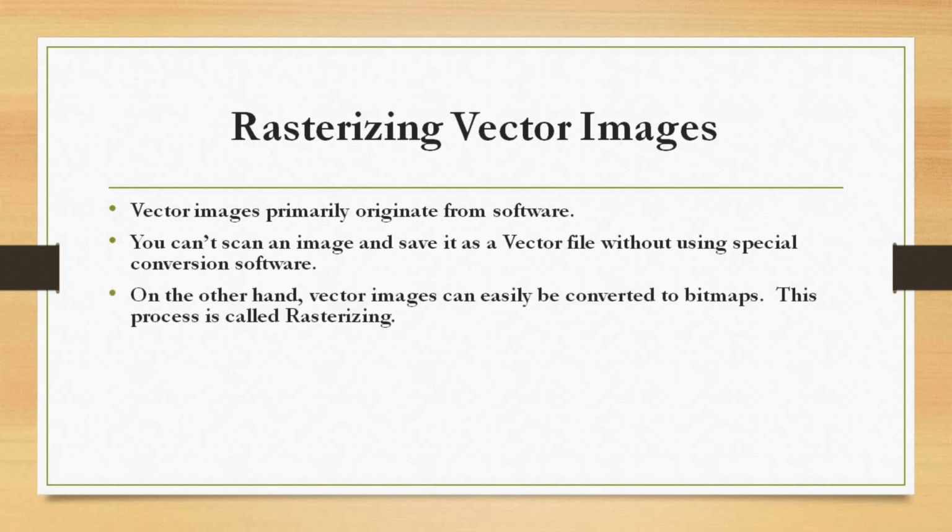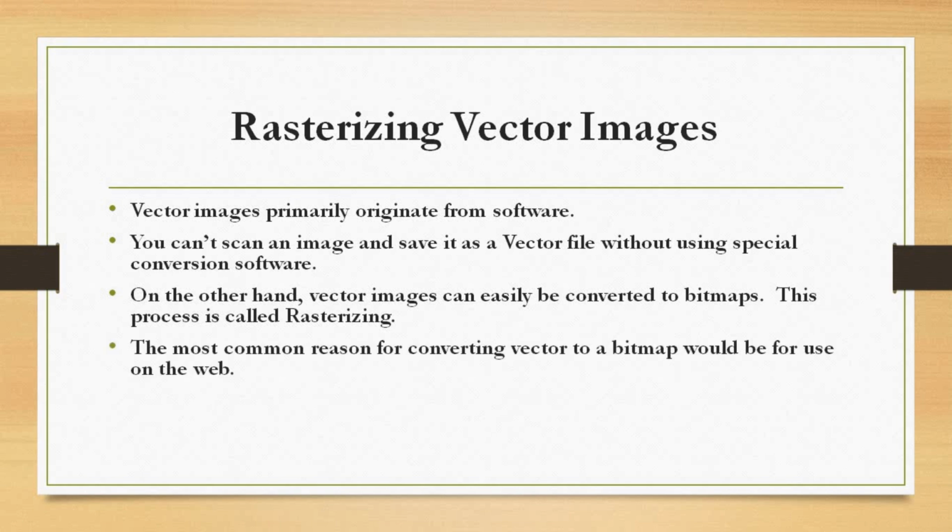On the other hand, vector images can easily be converted into bitmaps, and this is called rasterizing. So what is rasterizing? Converting a vector image into a bitmap is called rasterizing.